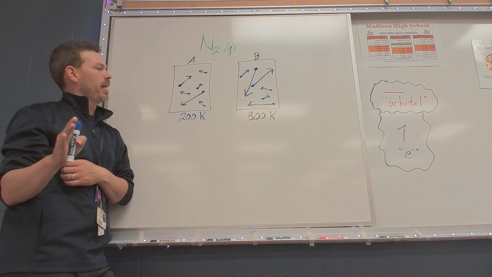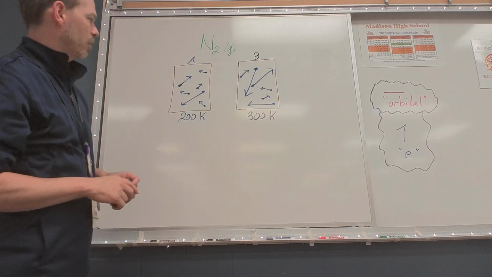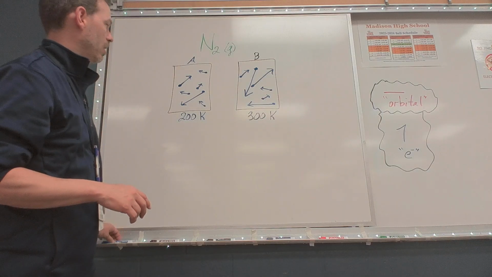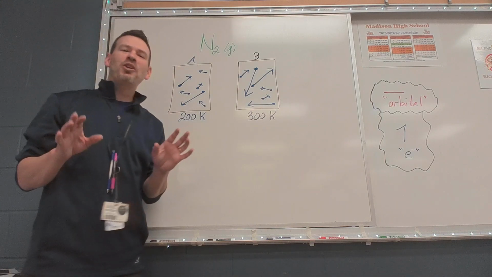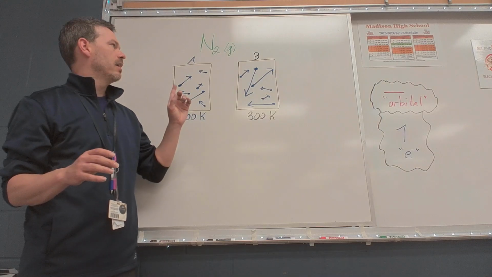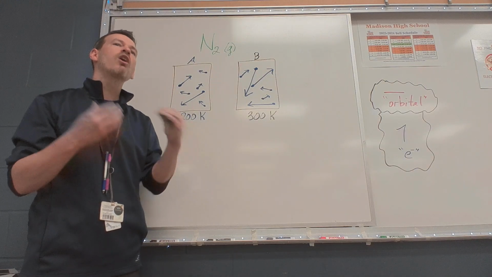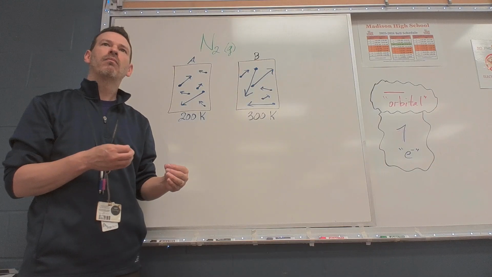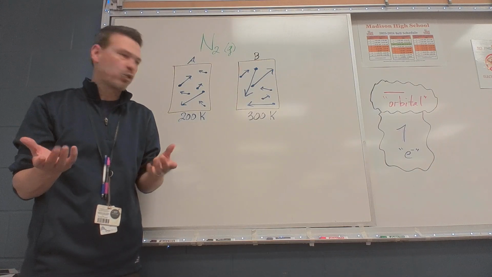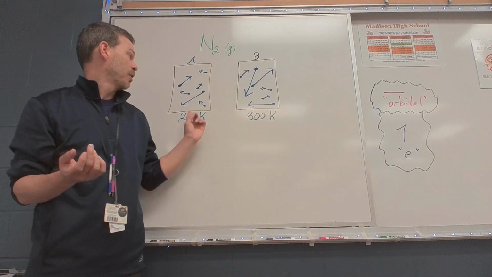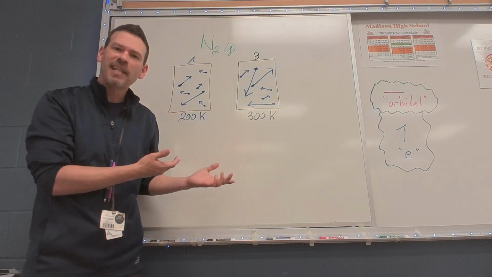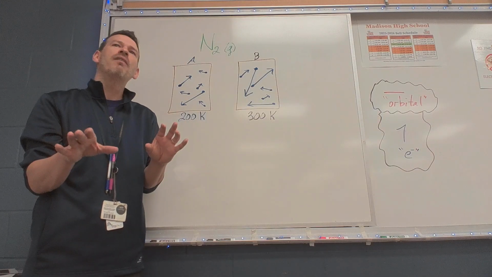Do you agree that container B contains more longer lines than container A? I did that on purpose, because container A is supposed to be moving slower than container B. Are you with me so far?